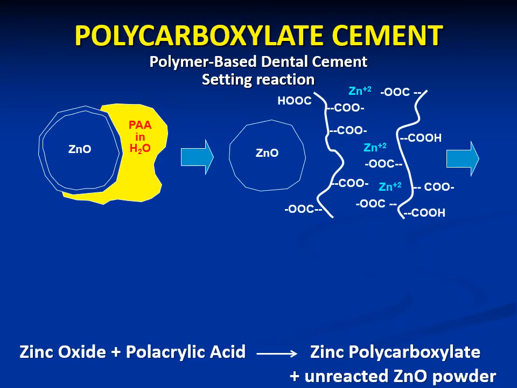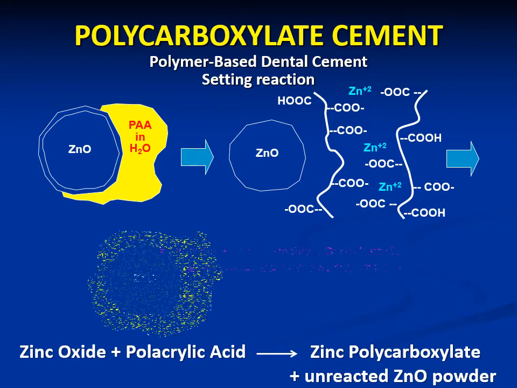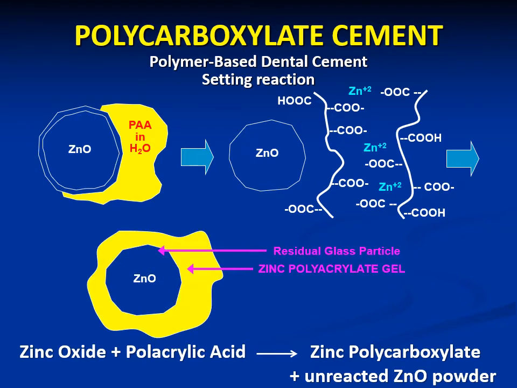Then the reaction begins with combination of zinc ions, which are divalent, with two carboxyl groups, forming the zinc polyacrylate gel, which is the main matrix of the cement.